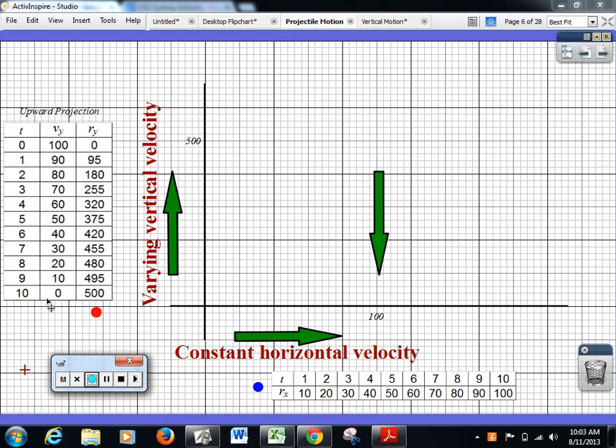Okay? So if I was to put these plots over here, we start at 0, and then the next, at time equalling 2 seconds, we're at 90.